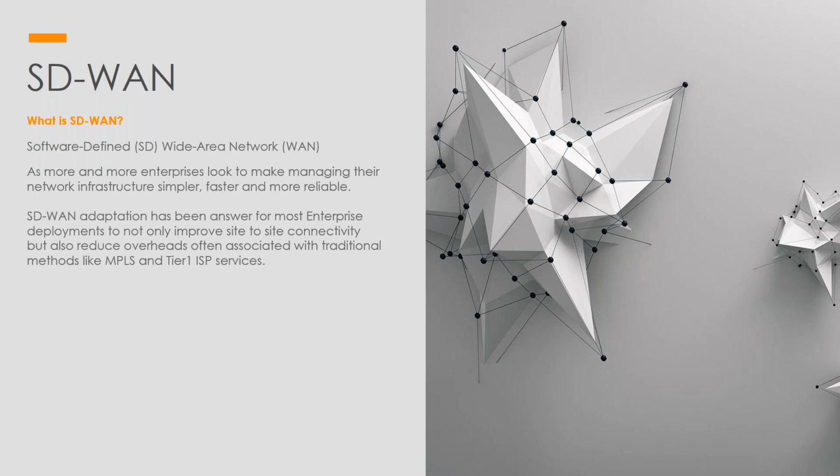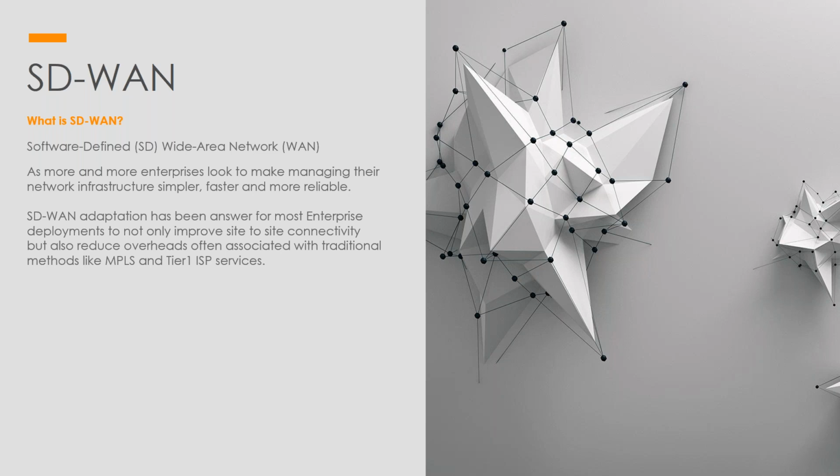So originally, SD-WAN was developed to reduce the overhead that was often associated with traditional methods like MPLS and Tier 1 ISP services. So that you have a fixed leased line between, let's say, two offices. One may be local and one may be very long distance.